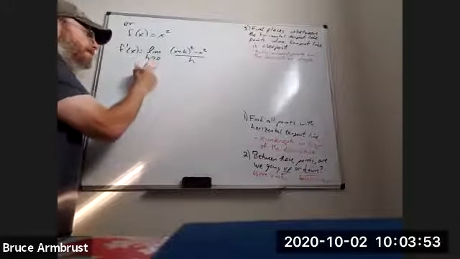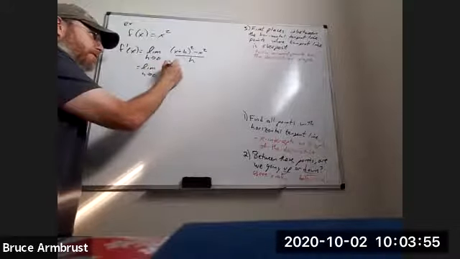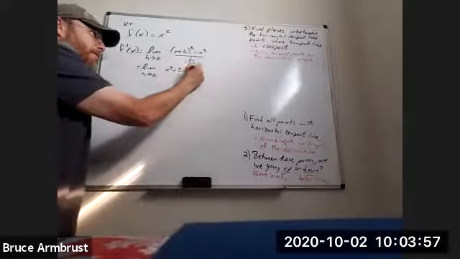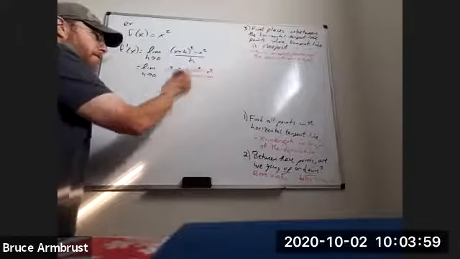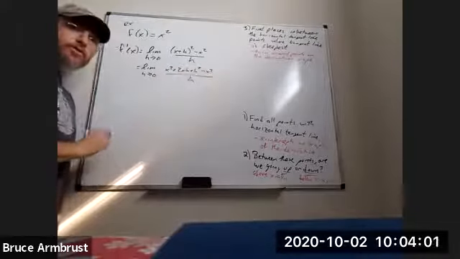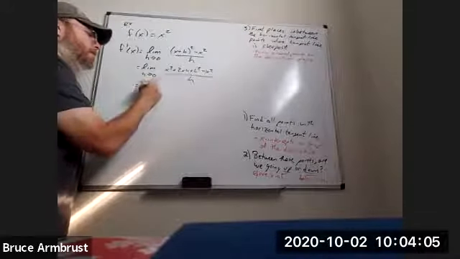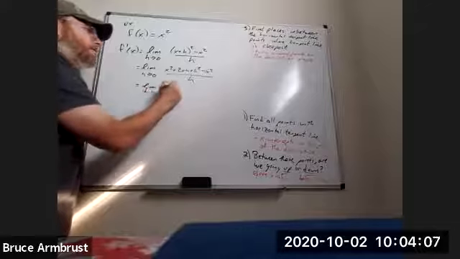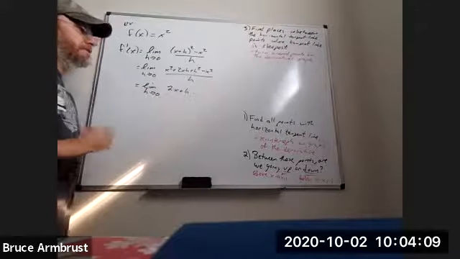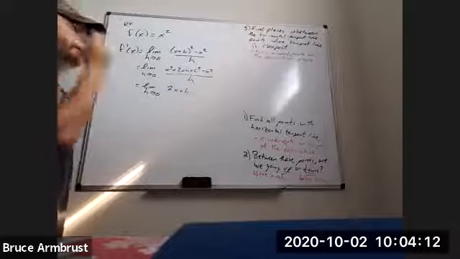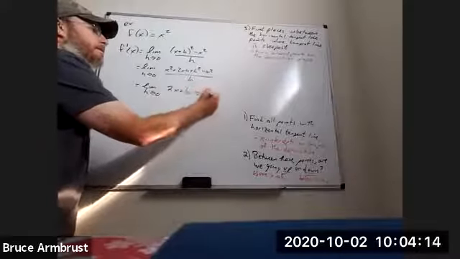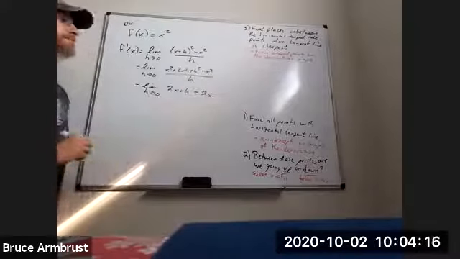Now, I'm going to do this one kind of quickly. I'm not going to show you the algebra steps, so you're just going to either have to trust me or go back and look at them. But this becomes the limit as h goes to 0 of 2x plus h, which is 2x.